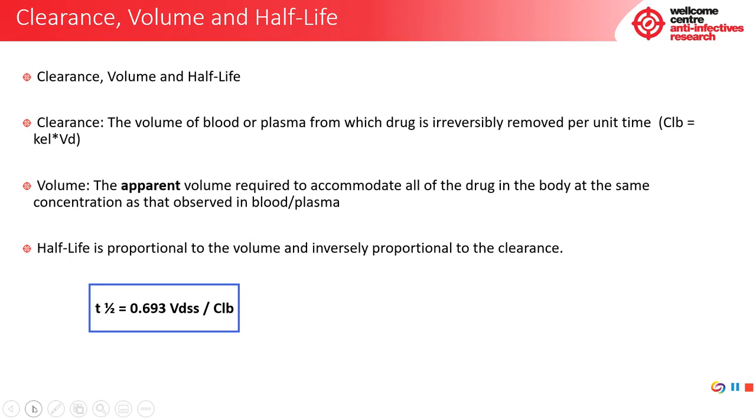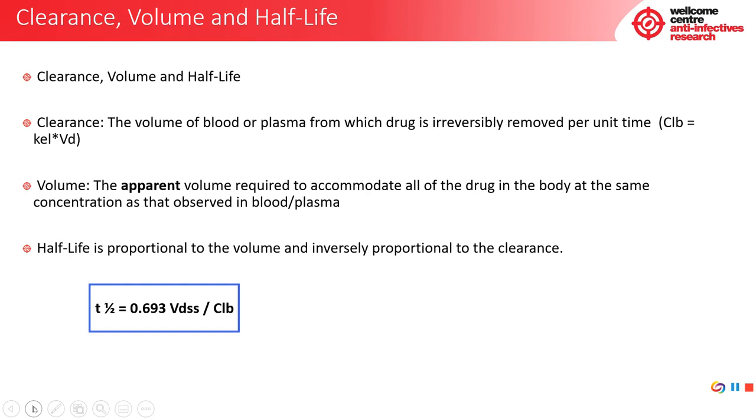Therefore, the half-life is proportional to the volume and inversely proportional to the clearance. If we substitute the equations into each other, we will get a combined equation that says the half-life is 0.693 Vd SS or Vd beta over clearance.